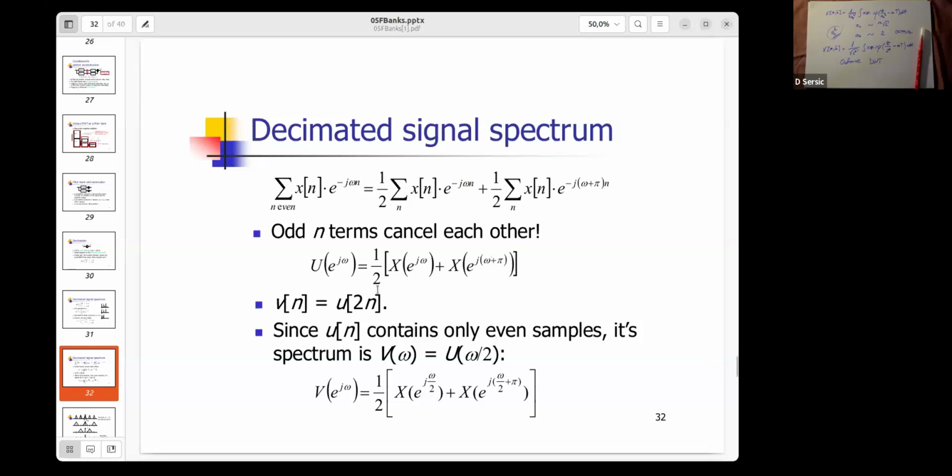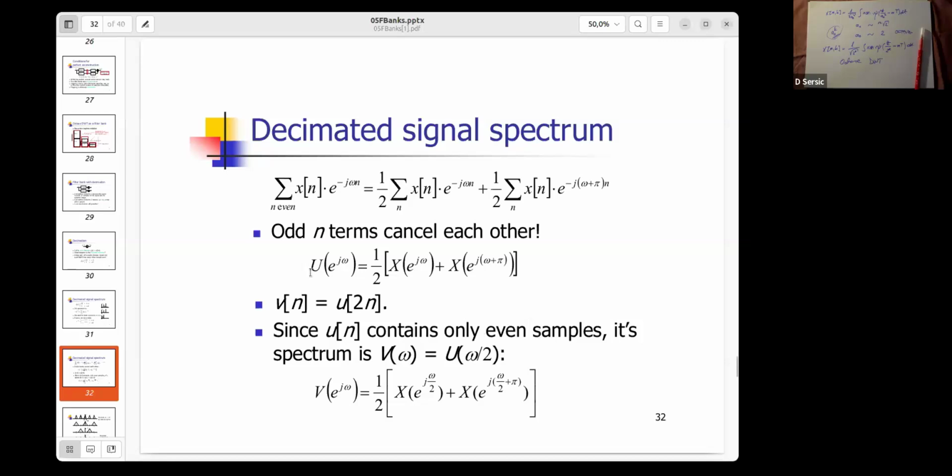And what we have is an exact expression in the Fourier domain for the spectrum of U. So the spectrum of U consists of the spectrum of the original signal plus a term that is actually shifted by pi. So that's what happens when you put zeros every other sample.